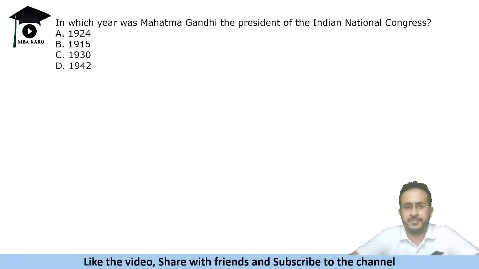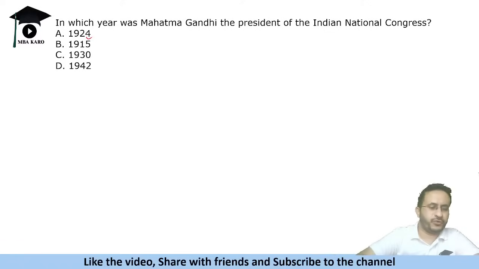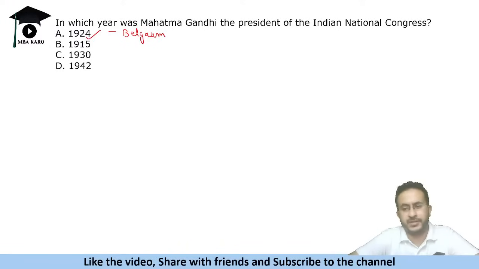So he became the president just once, in 1924, right? And that was Belgaum. Yes, correct. Belgaum in Karnataka. That was the only time he became the Congress president.